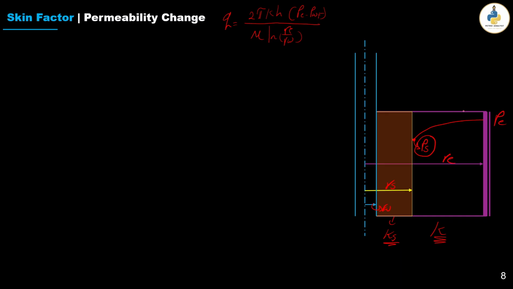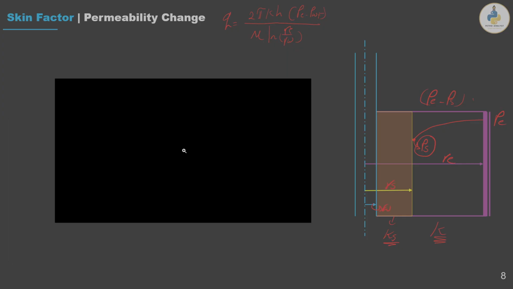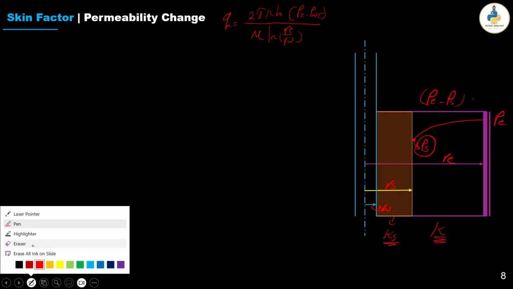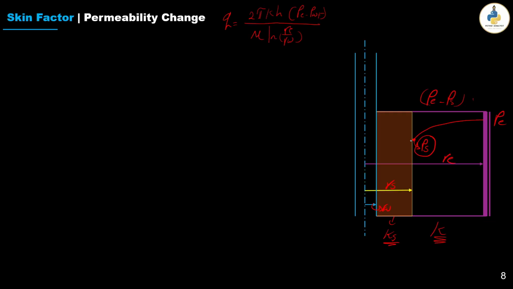So the first pressure drop is going to be from PE to PS, and the second pressure drop is going to be from PS to PWF. So PE minus PWF is going to be PE minus PS plus PS minus PWF.